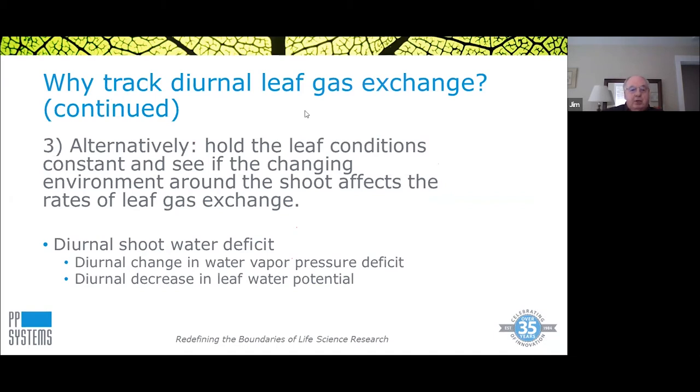Here we're probably talking about problems with diurnal shoot water deficits, either in response to vapor pressure deficits or decreases in leaf water potential through the day. I want to give some examples of why those considerations are important.